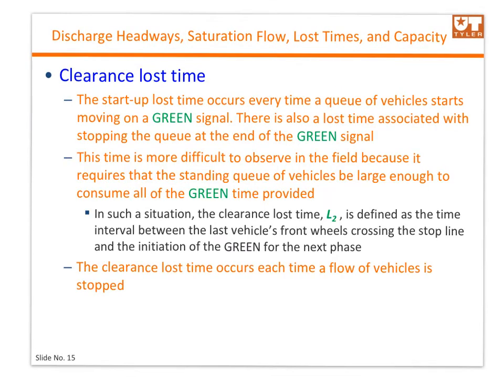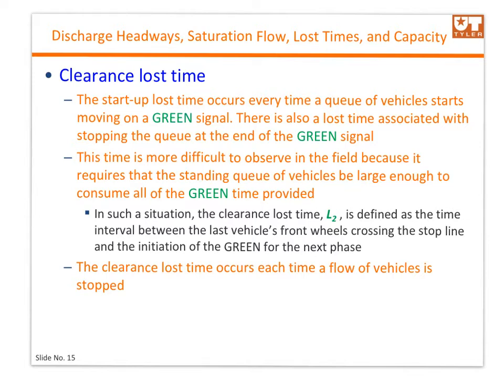Another lost time that we typically face at any intersection is what we call the clearance loss time. The startup loss time occurs, as we talked about previously, every time a queue of vehicles starts moving on a green signal. There is also another loss time associated with stopping the queue at the end of the green signal.